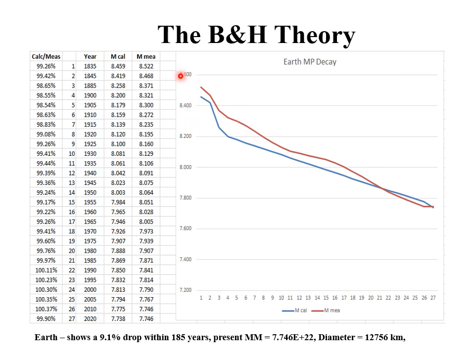And so here's what it looks like between the calculated, based on the B&H theory, based on Humphreys' model, the calculations, and here is the actual measured magnetic moment that we previously reviewed.